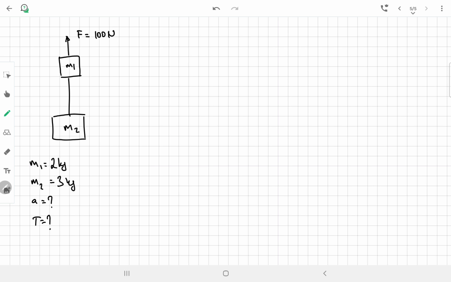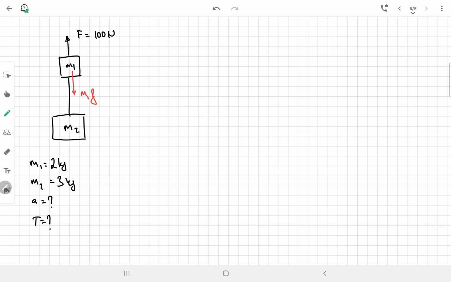How many forces are acting on this M1? 100 Newton upward, it's already given. And we have the weight of the first object, M1G, of course, downward. And there is a connection, there is a rope, and of course this rope will try to stop this M1.